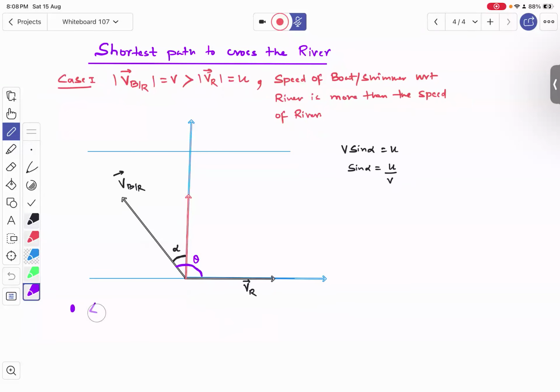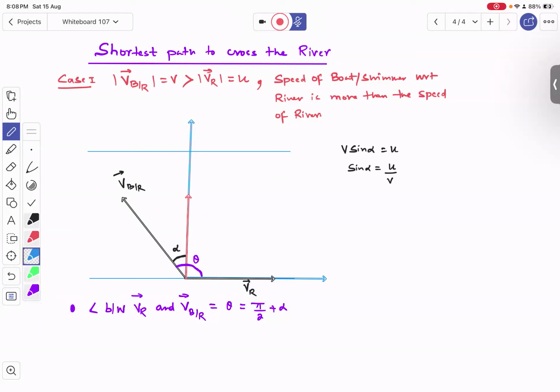So the angle between VR and VBR in case of zero drift, which is theta, is equal to how much? Pi by 2 plus alpha, no?